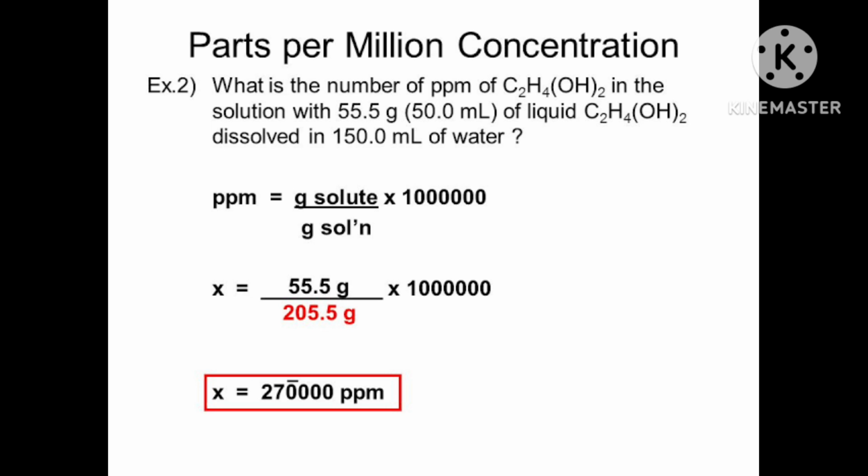In that 100 gram, 3.62 gram is hypochlorite. This I told about the mass percentage.